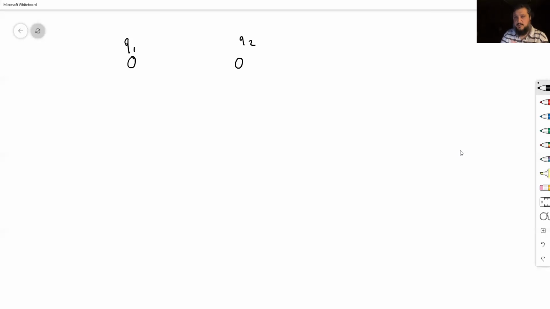You only have Q1. But Q1 creates this field around it, just like the Earth and the Moon example. Earth created the field and the Moon was in that field. Same idea, okay? So the first charge will create a field around it.